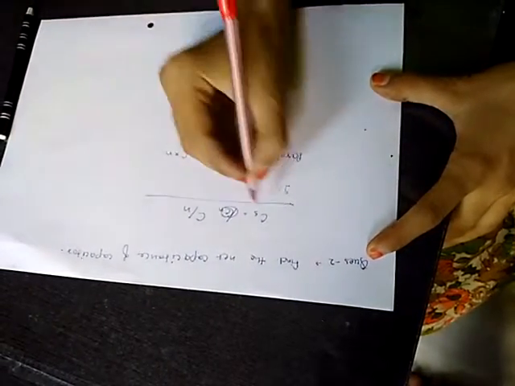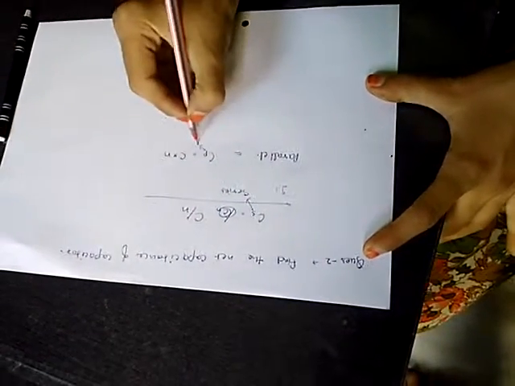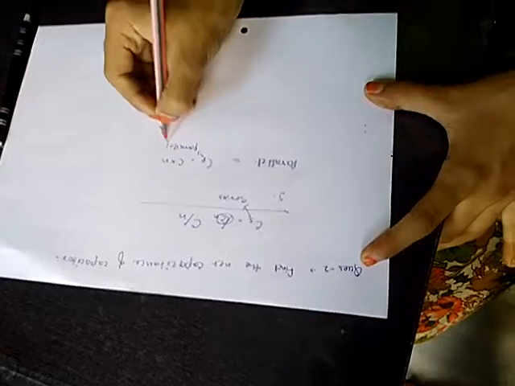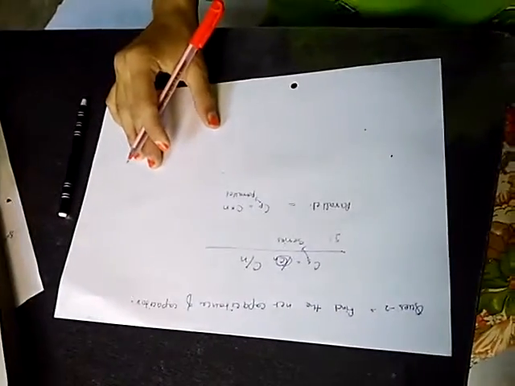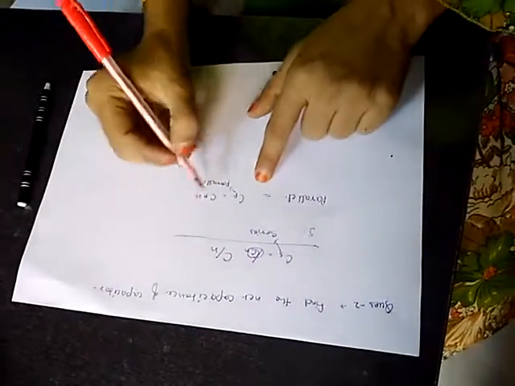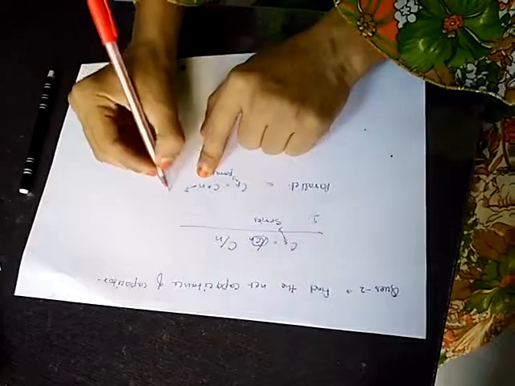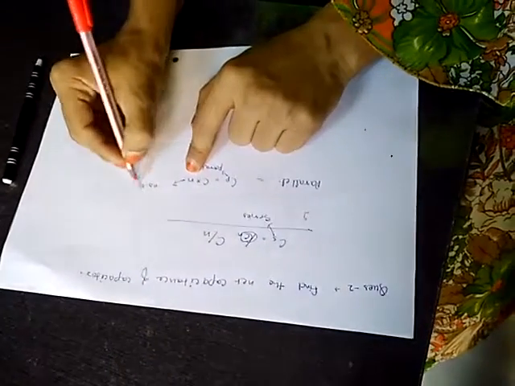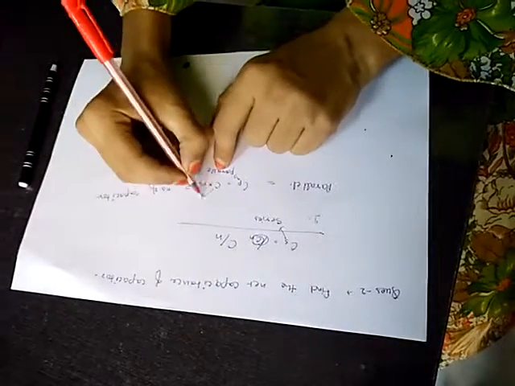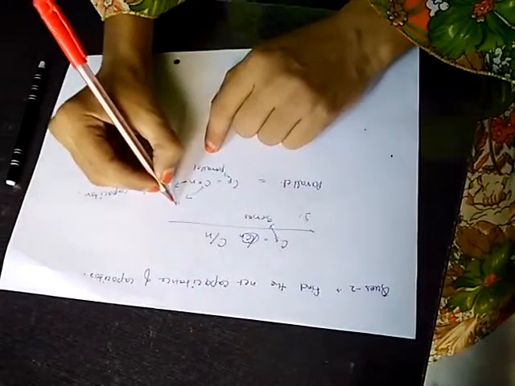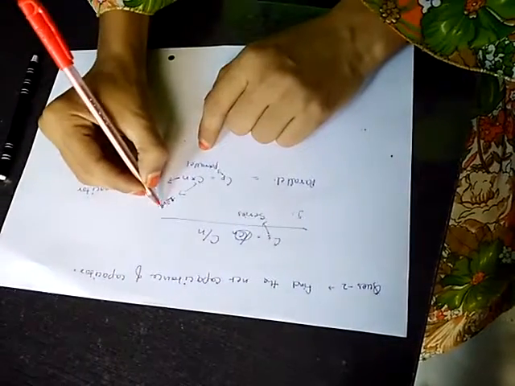S stands for series, and P stands for parallel. n is the number of capacitors and C is the unit. What is the unit of the capacitor? You have to write the unit of the capacitor.